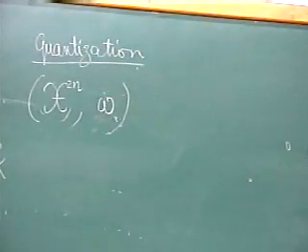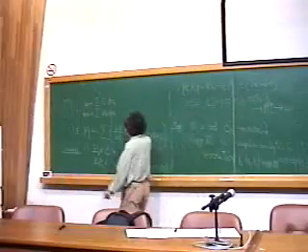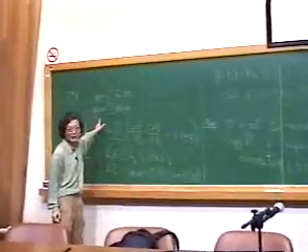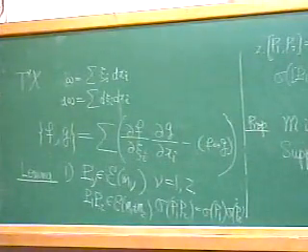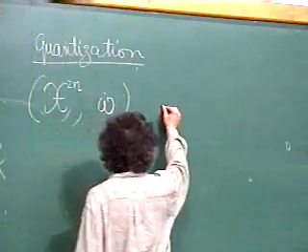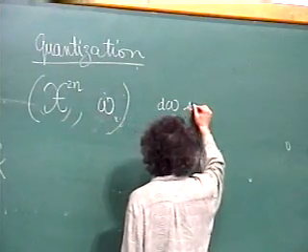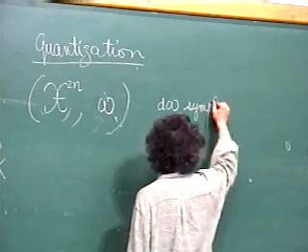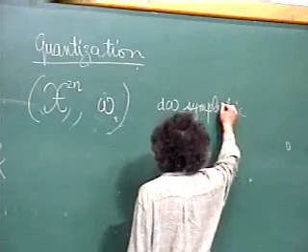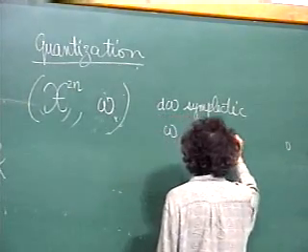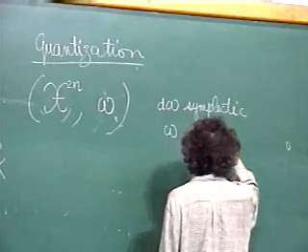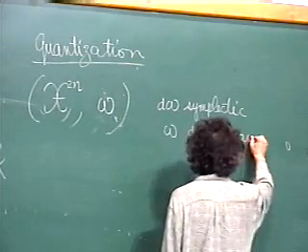It corresponds to this one form, and such that d omega gives the symplectic form on X. So d omega is symplectic. And we assume further that omega does not vanish everywhere.